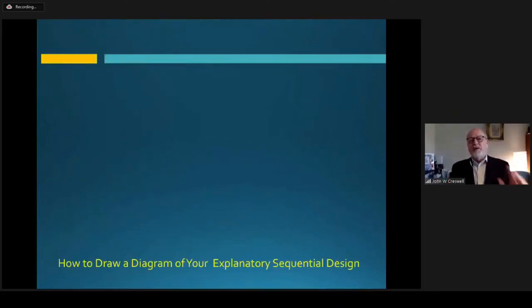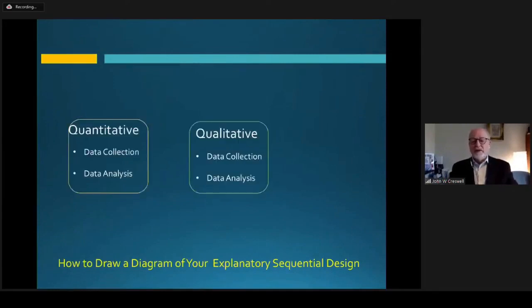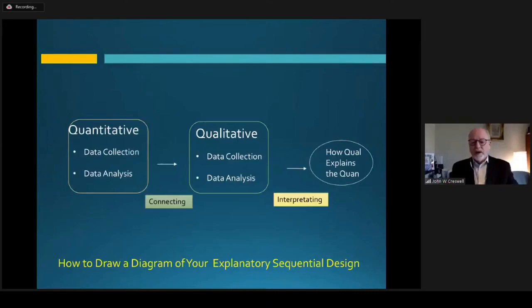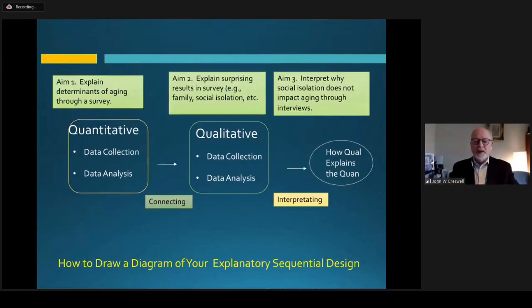If you have an explanatory sequential design, well, again, start with the two databases. And what you're going to do is connect the two databases. So qualitative builds on what you learned quantitatively, you get more detail. And then you need to make an interpretation or explanation.